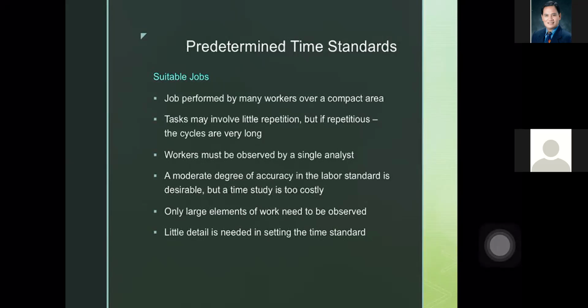Tasks may involve a little repetition, but if repetitious, the cycles are very long. Workers must be observed by a single analyst. A moderate degree of accuracy in the labor standard is desirable, but a time study is too costly. Only large elements of work need to be observed, and little detail is needed in setting the time standard.